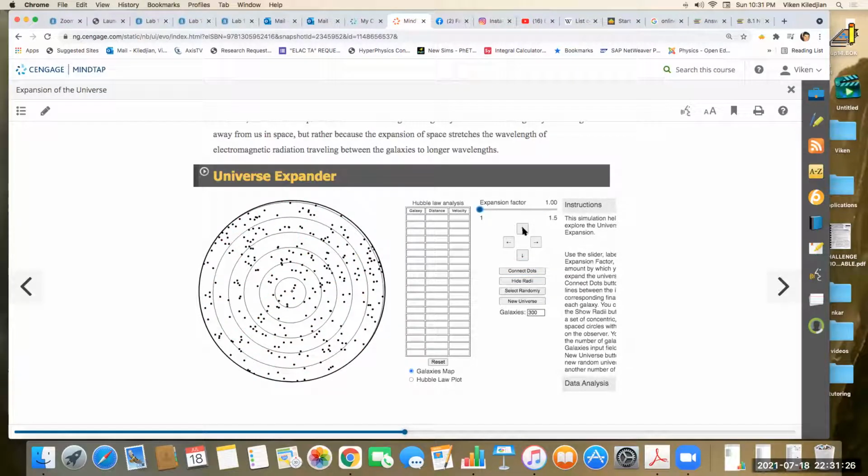Okay, make that the center. It's hard to center it. Okay, connect dots. Then take a snapshot of this.